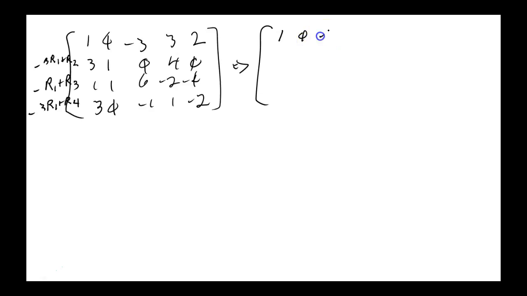1 0 negative 3 3 2 stays the same. This becomes a 0, a 1, 9, negative 5, negative 6, right? Okay. That would be a 0. I'm trying to read my writing there. Yeah, that looks like a 1, 9.